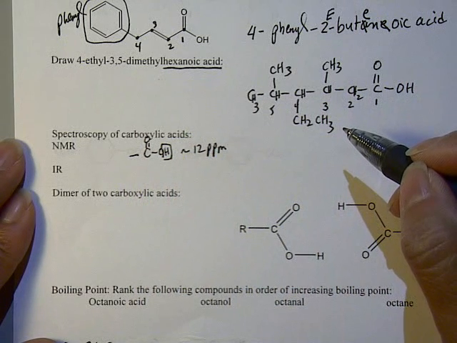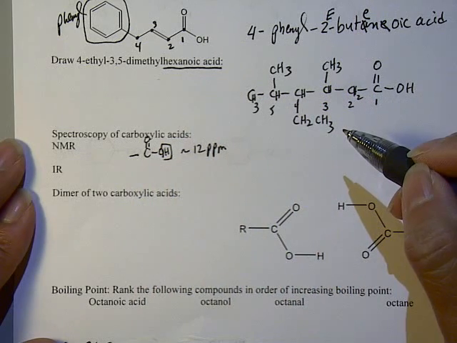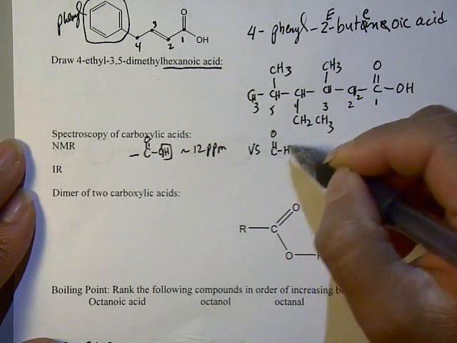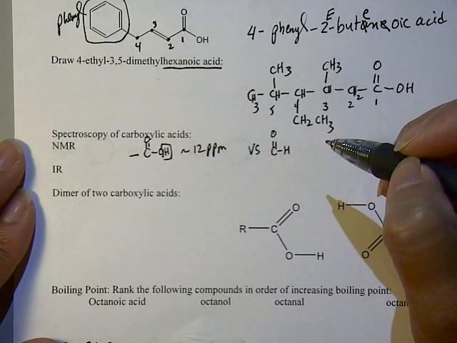And how would you distinguish that from an aldehyde, for example? Because the aldehyde proton also shows up in the 10 to 12 ppm region.